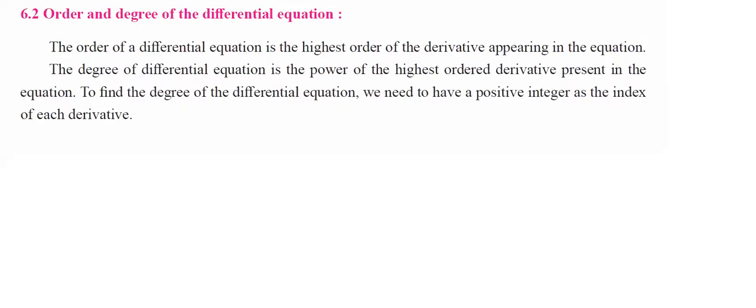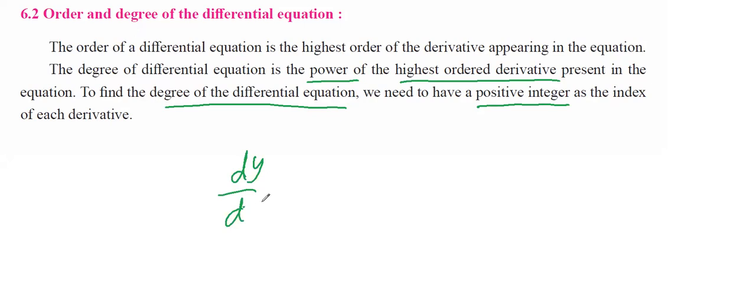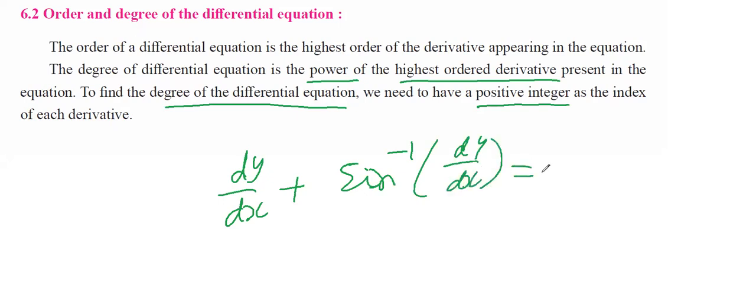Okay. So what it says here: the degree of a differential equation is the power of the highest order derivative present in the equation. To find the degree of a differential equation, we need a positive integer as the index of each derivative. It means you cannot have something like dy by dx plus sine inverse of dy by dx is equal to 0.